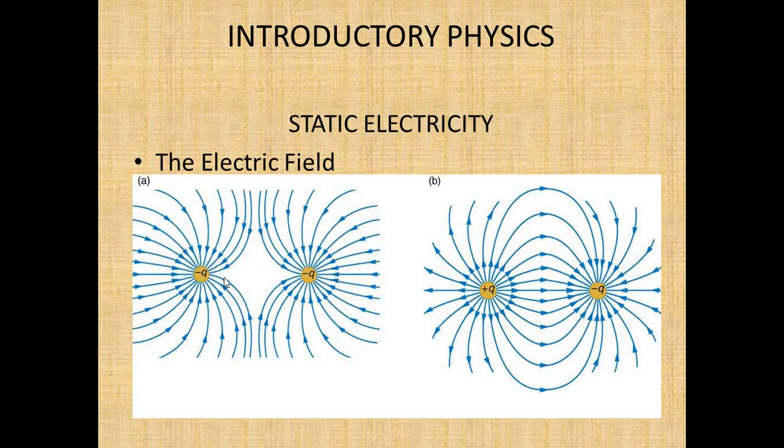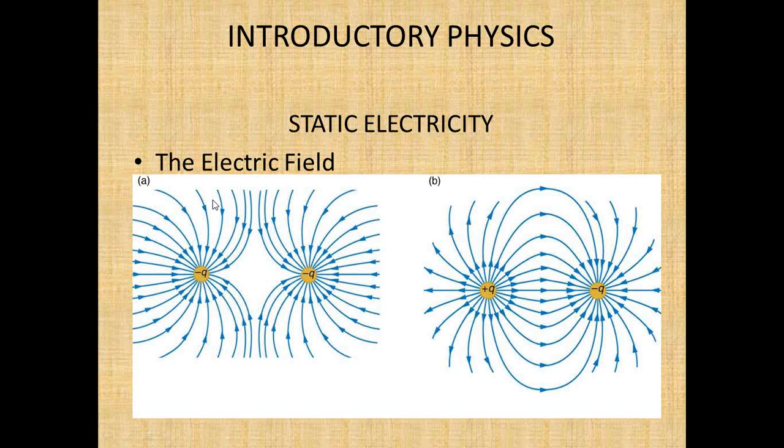The greater the charge, the greater the line density. Just look close to the source charge, this one. Close to the source charge, you can see the lines sort of bunch up. Remember, distance is in the denominator and you square the distance. So the closer the distance, the greater the electric field strength.